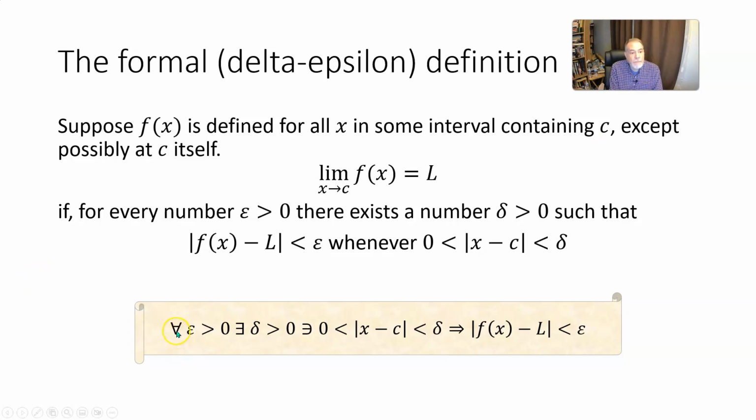So this means for all, or for every epsilon greater than 0, there exists delta greater than 0, such that 0 less than the absolute value of x minus c less than delta implies that the absolute value of f of x minus L is less than epsilon. I won't work with it like that, but you might see it that way or write it that way yourself if you do lots of advanced high-level math, just to save you from writing the words over and over again.